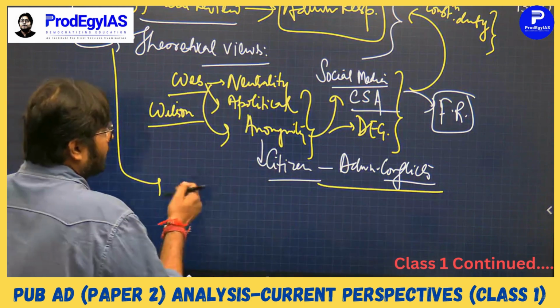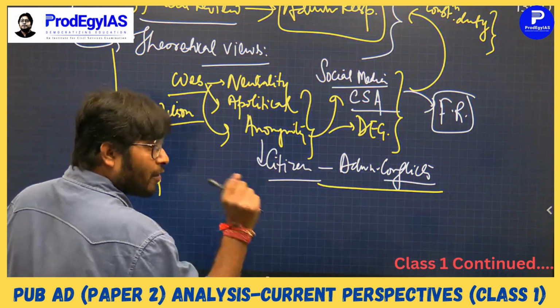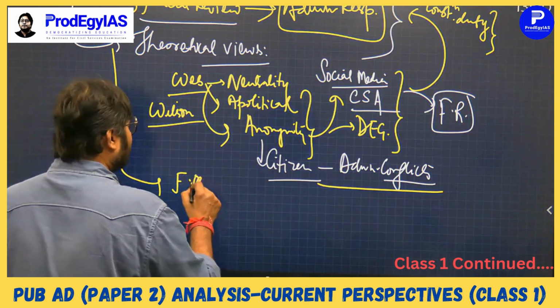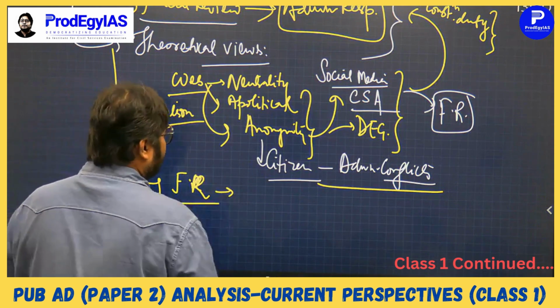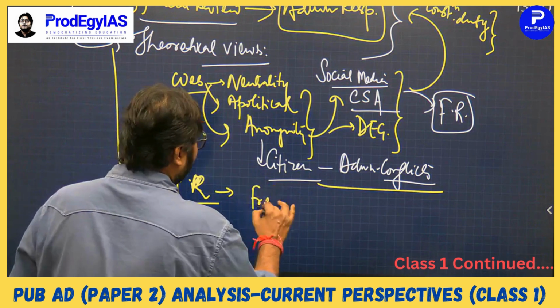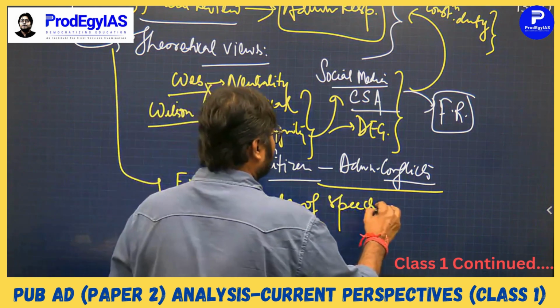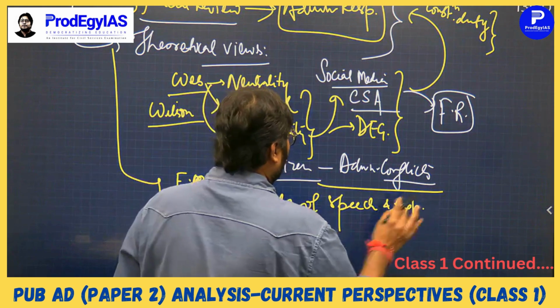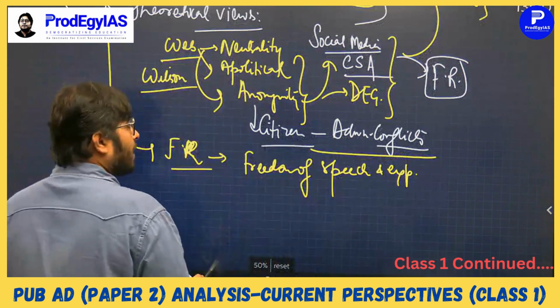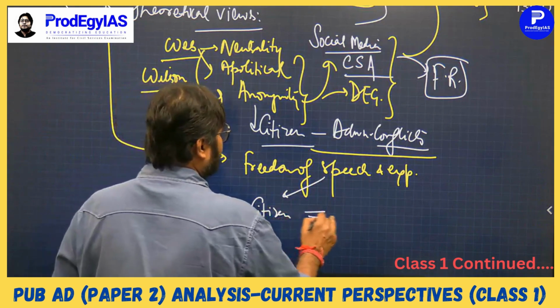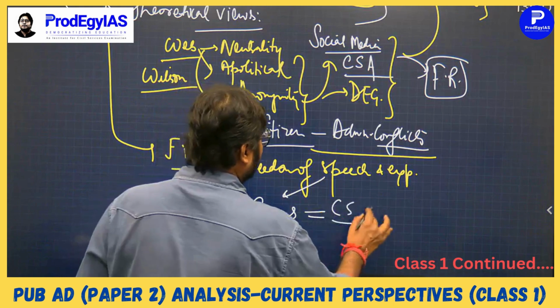Fine. Then they can also be more micro, pinpointed questions. For example, fundamental rights gives the freedom of speech and expression. Right? Now see the question. Is freedom of speech expression available to citizens equivalent to the civil servants?